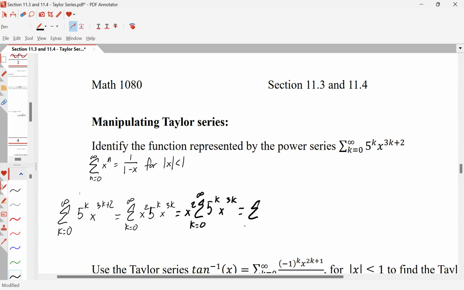This is the series x^2 times the series k equals 0 to infinity, (5x^3)^k, as x^(3k) is (x^3)^k, and so I'm going to pull that exponent out to have (5x^3)^k.